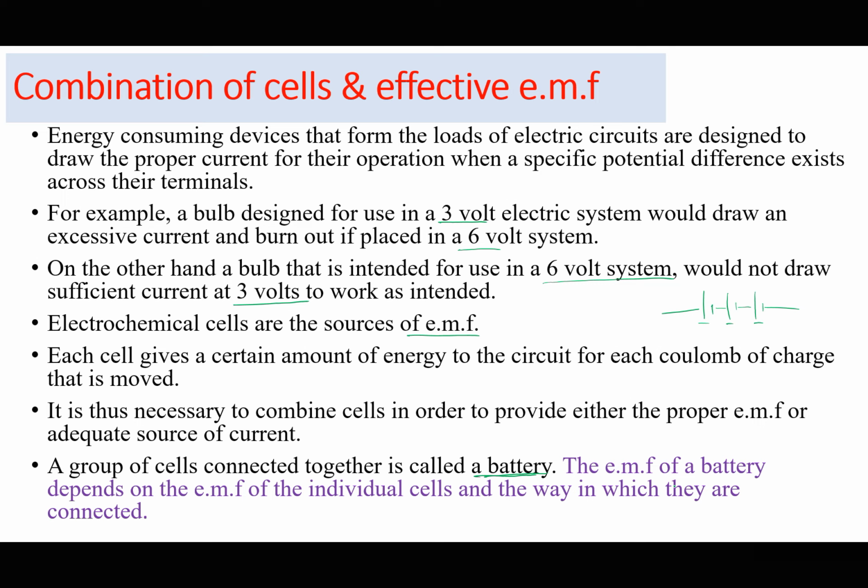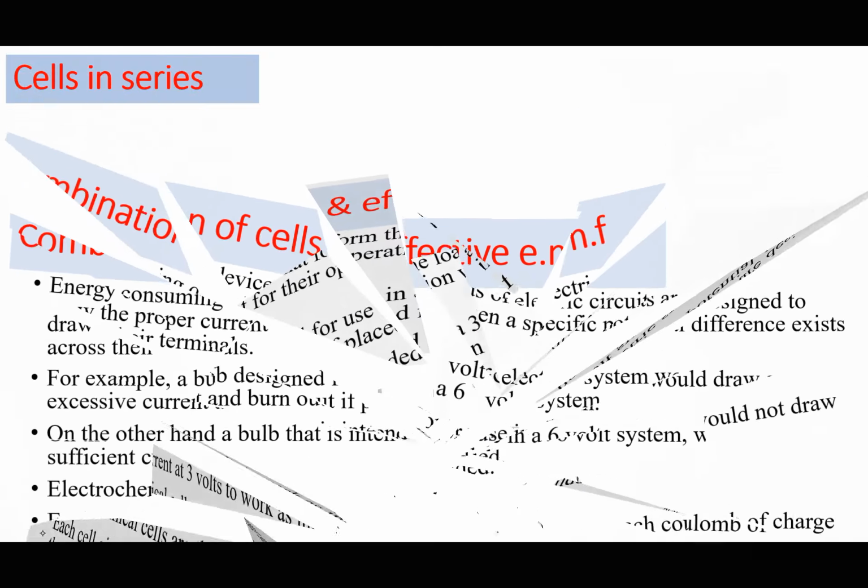We can combine cells to give a very large EMF, or we can combine cells to give a very small EMF. So it depends on the EMF of the individual cells and how they are connected to each other. Let's first look at cells combined in series.